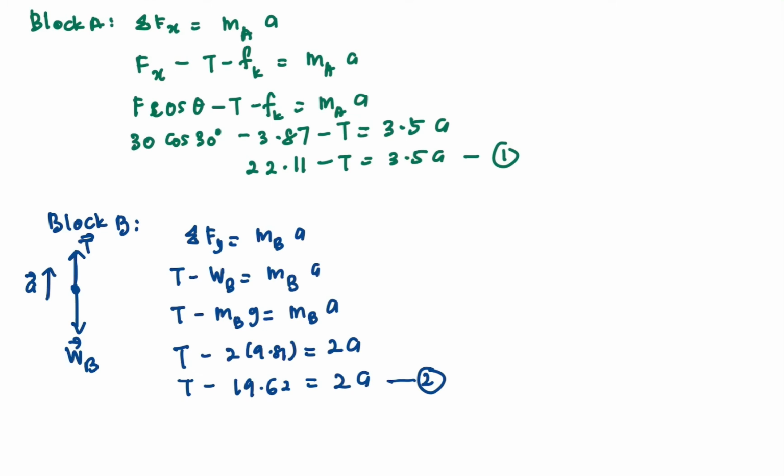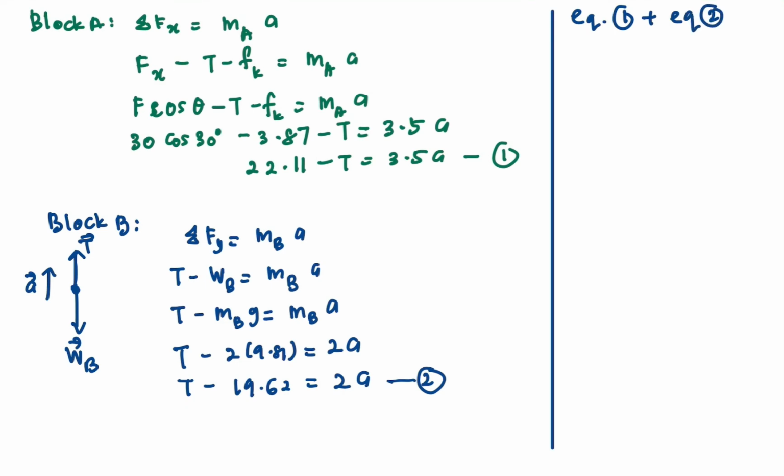And just solve for both equations. You can use your calculator or do it manually. So if we do it manually, it will be equation 1 plus equation 2, and you will get 2.49 equal to 5.5a.